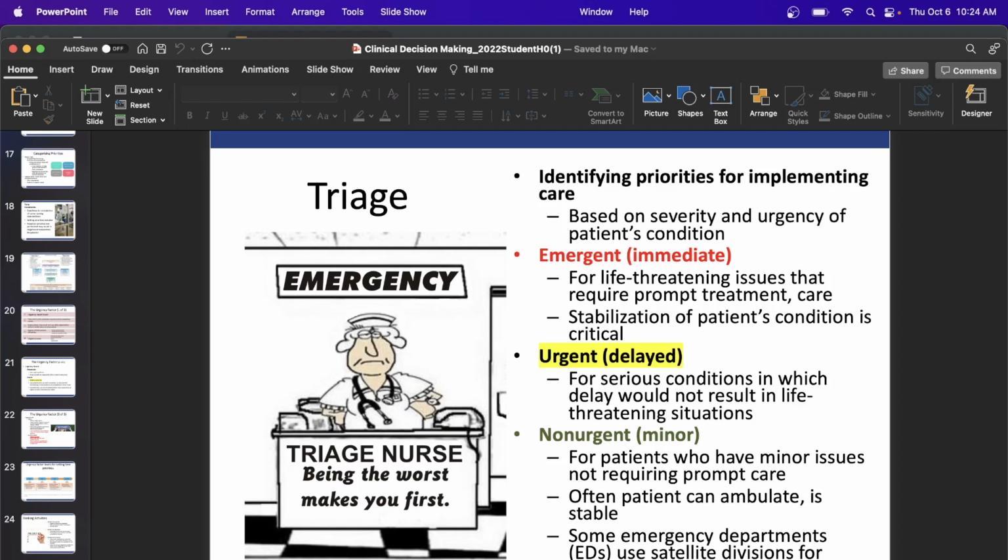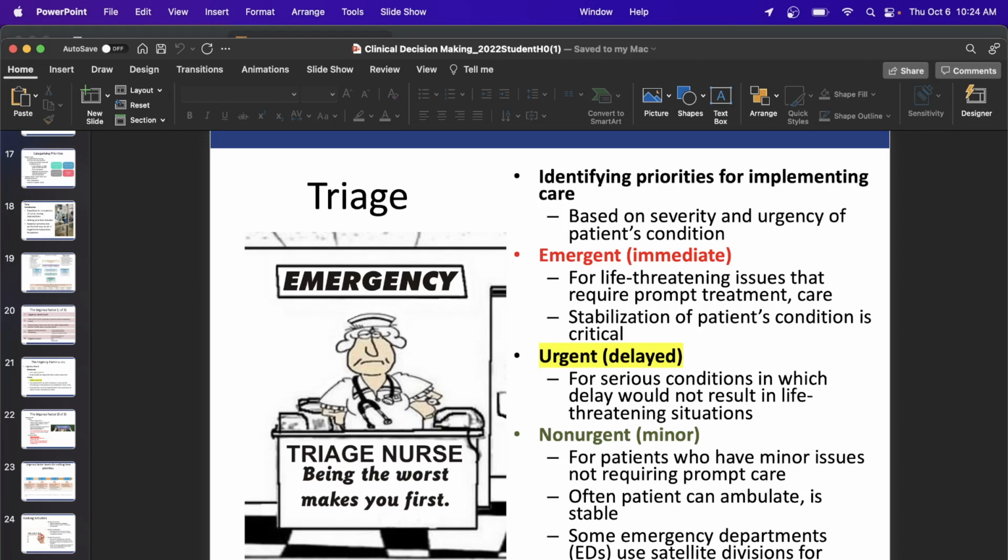They determine who gets back and gets treatment first, who goes to the front of the line, who goes to the back of the line, and they're doing that based on their quick assessment oftentimes, but they're doing it on the availability of resources. There's a million things they have to consider. So if you can spend time with the triage nurse and pick their brain, it is a shining example of clinical judgment.